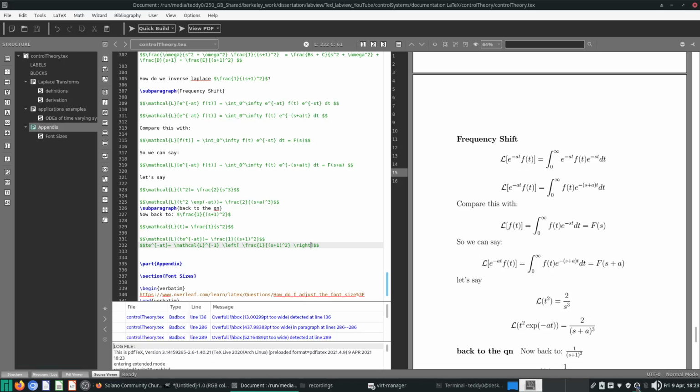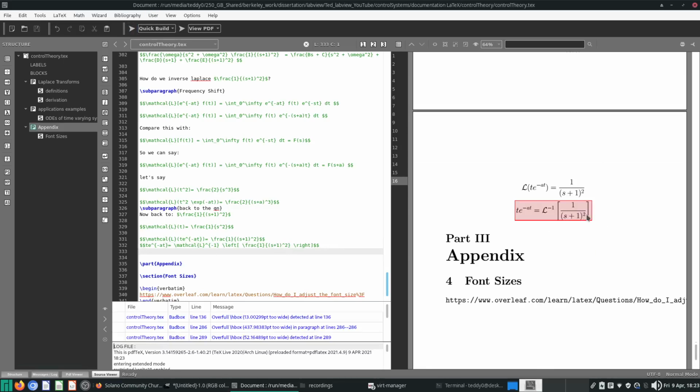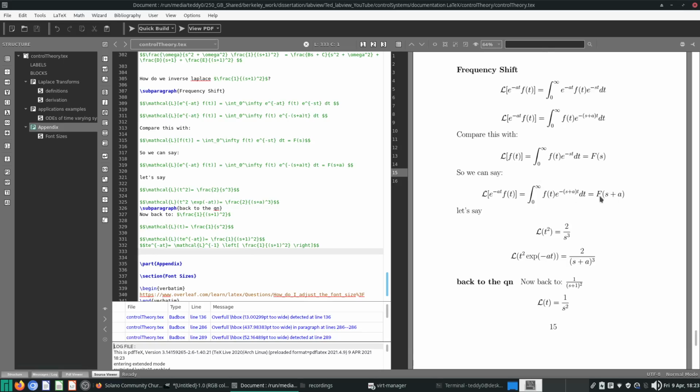This is how the frequency shift property comes about. I'm not going to do a thorough derivation, but you can just inspect this Laplace transform and this Laplace transform. You'll see that they are almost similar except for this plus a.